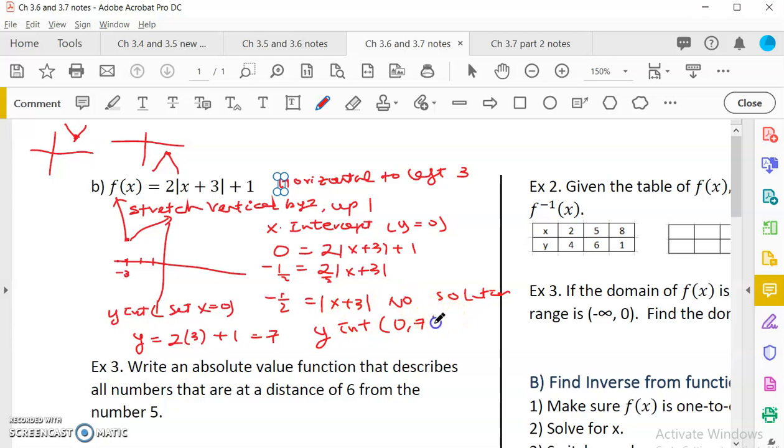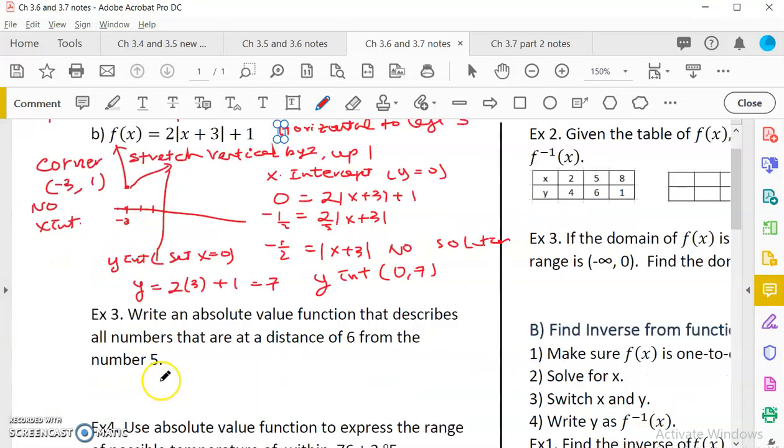You can see the corner point is: you go negative 3 and then you go up 1 like that. And then the y-intercept, no x-intercept.